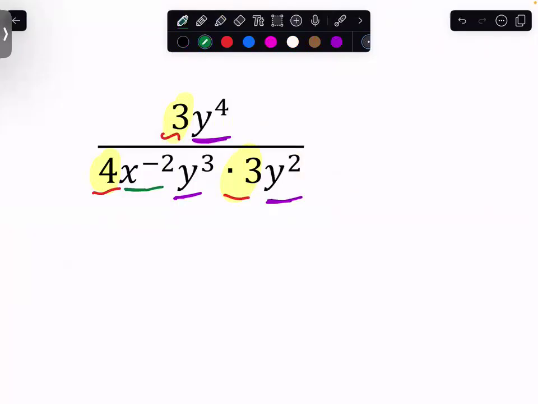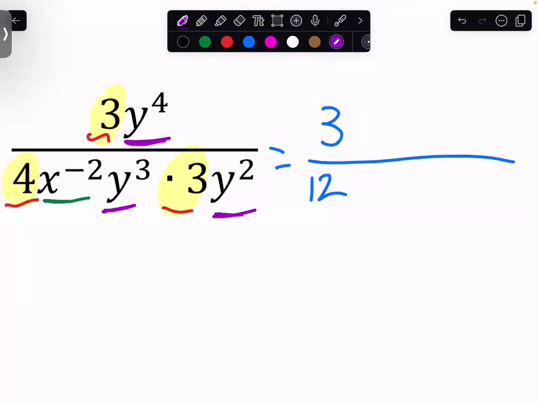Okay, so in the numerator, you have 3. In the denominator, you have 4 times 3 is 12. Okay, we can reduce them right away or we can reduce them later. Doesn't really matter. Let's reduce them later. Okay, so we'll just leave the 3 over 12 for now.